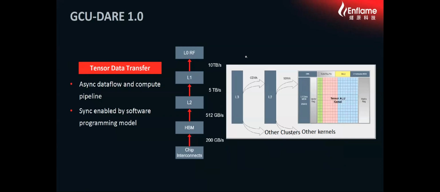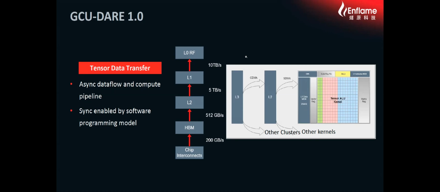Because in this SoC design, we adopted the scratchpad memory design. In that sense, the users or the programs have full flexibility in managing the data within the chip. So we have the L2 shared on-chip buffer and the L1 local on-chip buffer. In the memory hierarchy, we first bring the data from the off-chip HBM stack to the L2 shared cache.